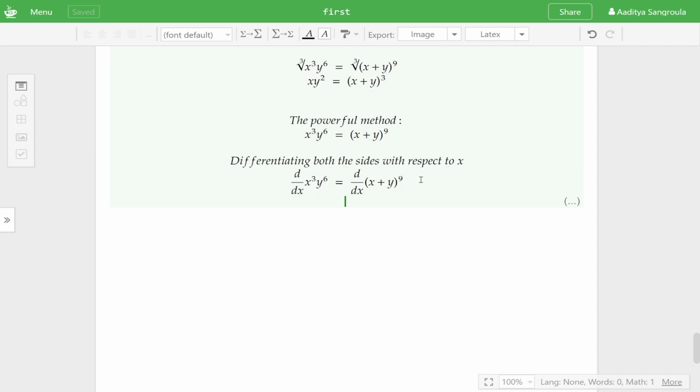If we are differentiating any function with respect to x, then x is a variable, of course, but y as well. It is a variable because y depends upon x, right? Since y depends upon x, y is also going to be regarded as a variable.